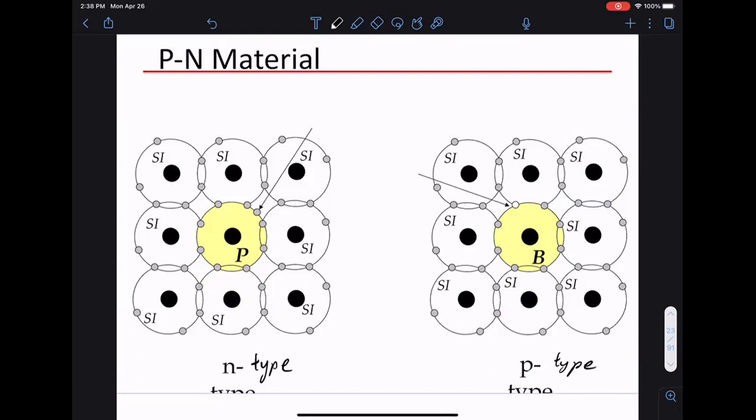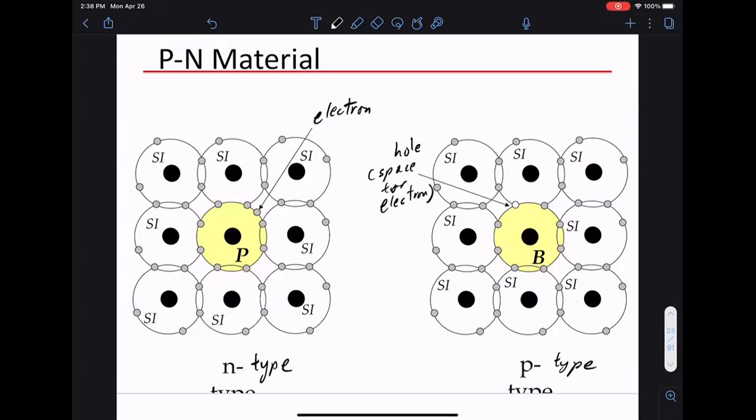Once we dope, this is what happens. You have an electron, or this extra electron hanging around. This is called a hole, or a space for an electron.